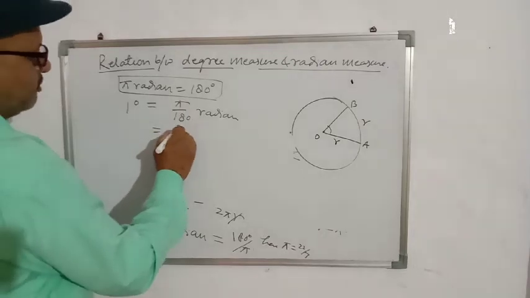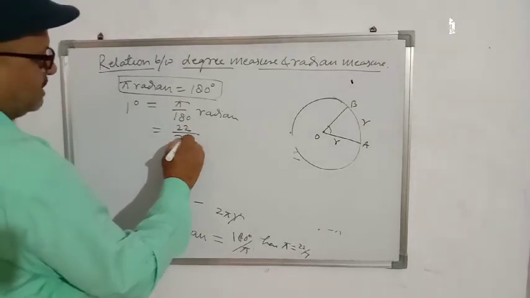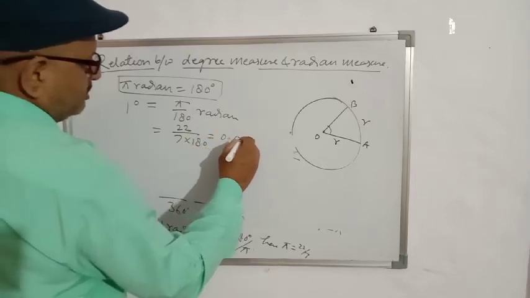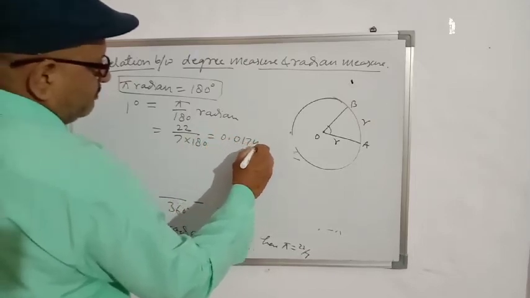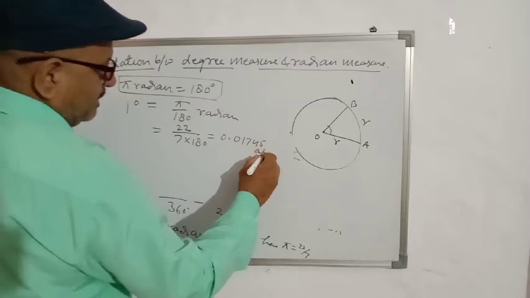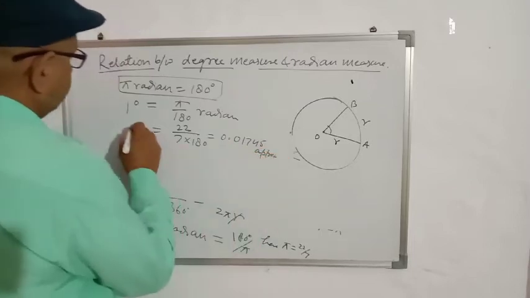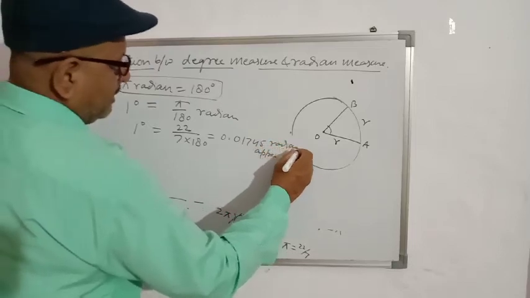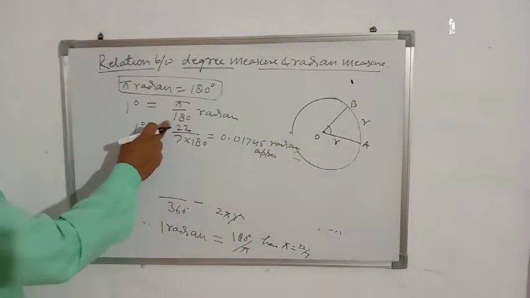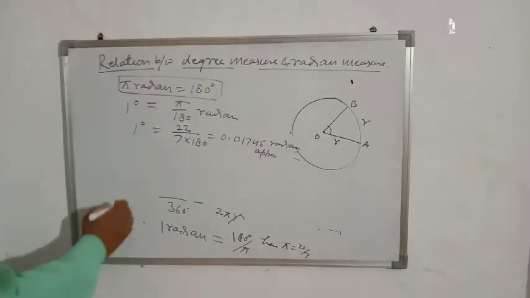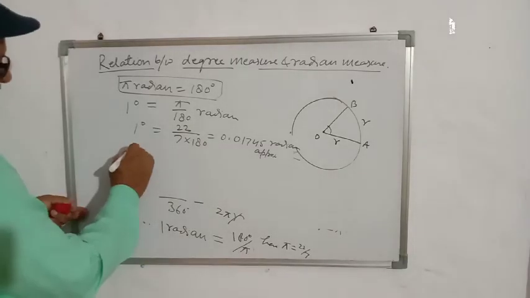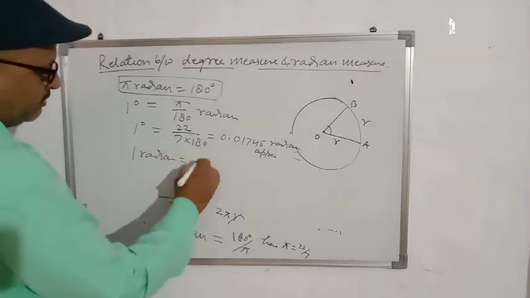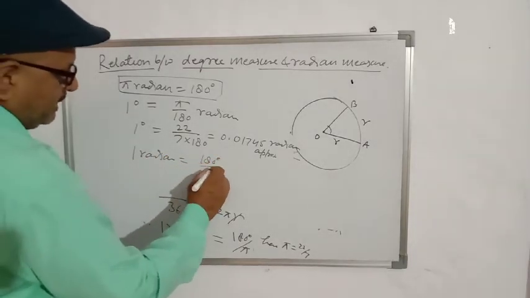If we put pi 22/7 into 180, it is coming 0.01745 approximately. 1 degree is equal to this much radian if we use pi 22/7. And similarly 1 radian is equal to 180 upon pi.